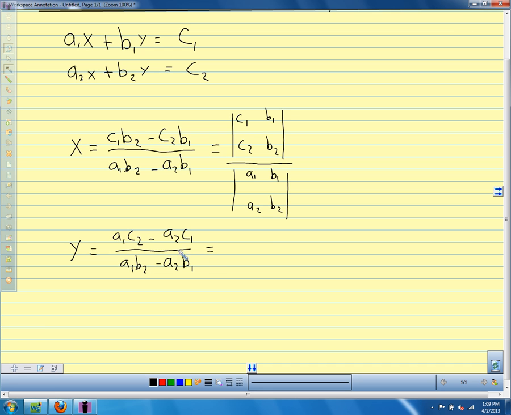And this, it has to do with two determinants also. This is A1, C1, A2, C2, divided by this same determinant, A1, B1, A2, B2.